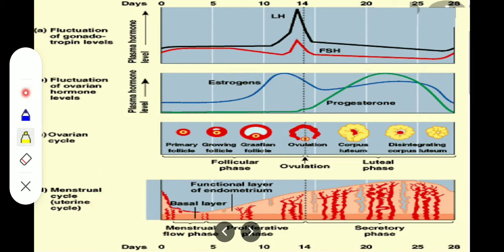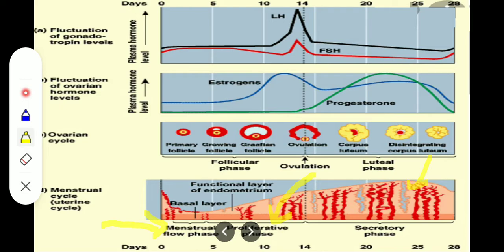So you can see from 0 to 5 days that there is the menstrual phase, and after that the functional layer of endometrium starts proliferating from day 5 and reaches to the top level on the 25th day. So slowly and gradually it proliferates.